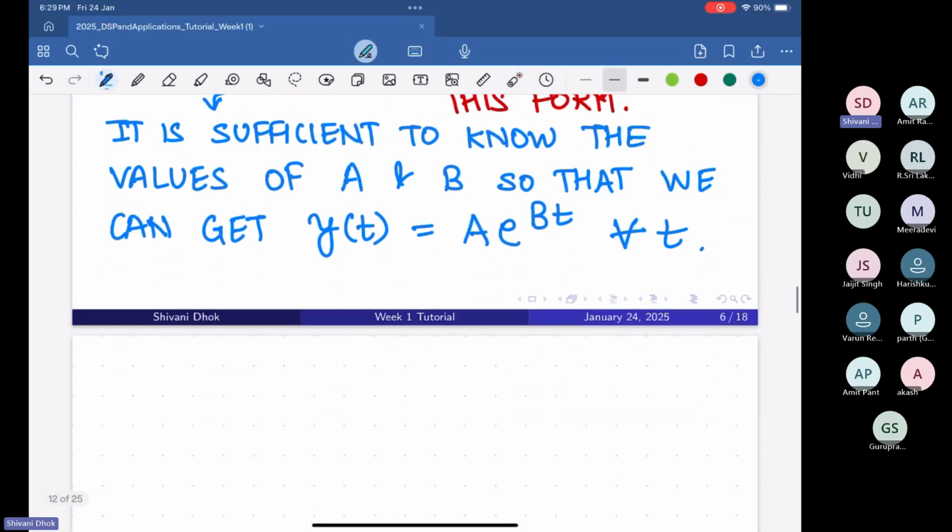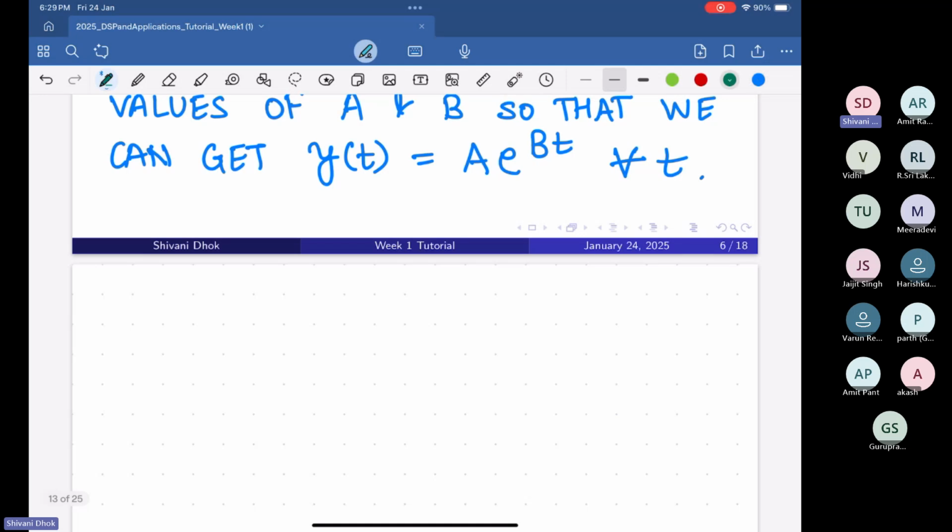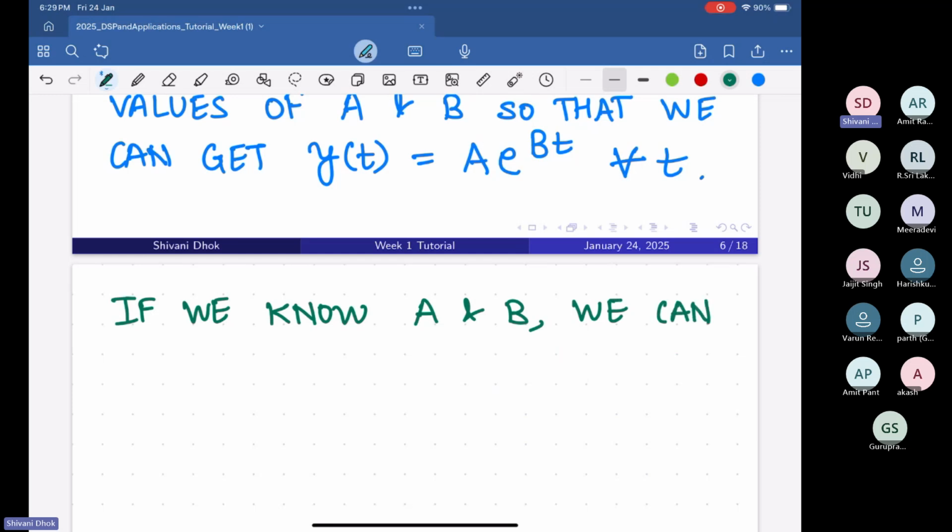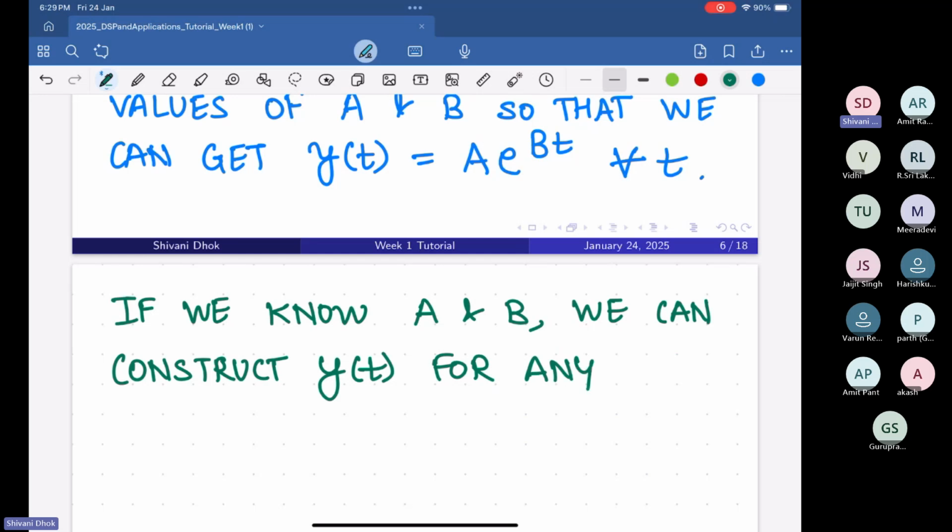So what it means is, if I know a and b, we can construct y of t for any value of t.